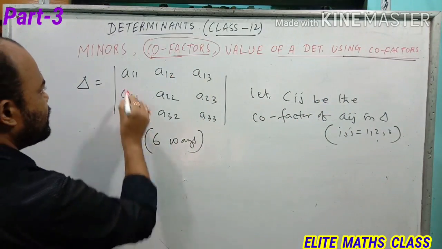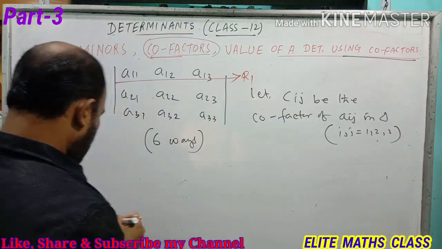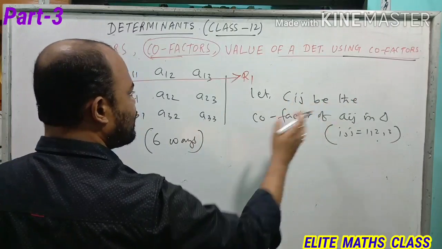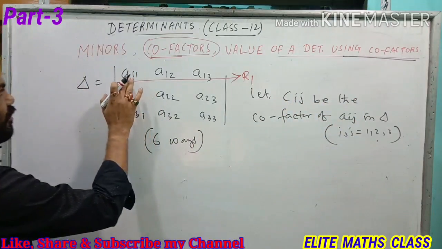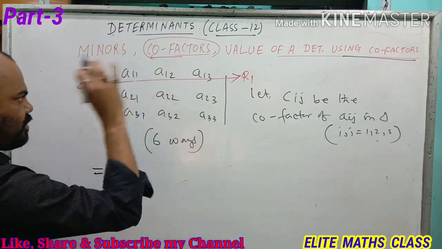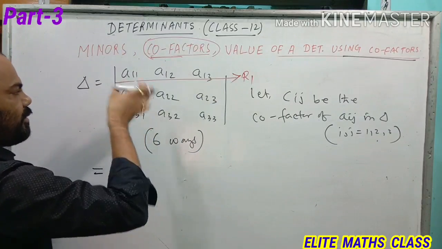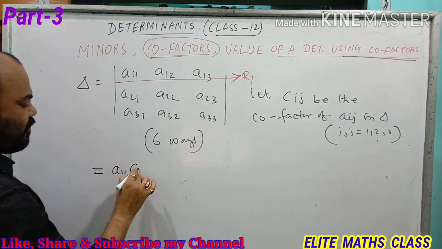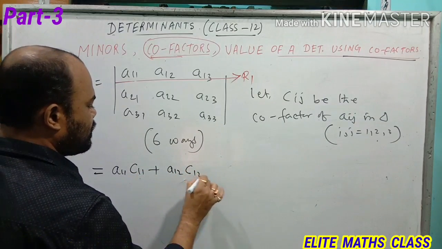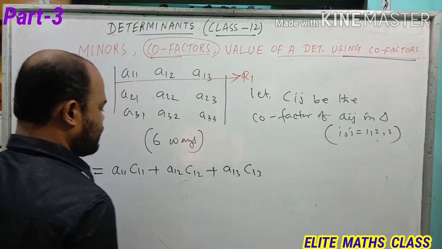Say I am expanding this determinant by the first row. It is assumed that Cij is the cofactor of Aij, that is, the cofactor of A11 is C11. In this case the value of the determinant will be, in any row or in any column, the element and its cofactor plus the element and its cofactor plus this element into its cofactor.